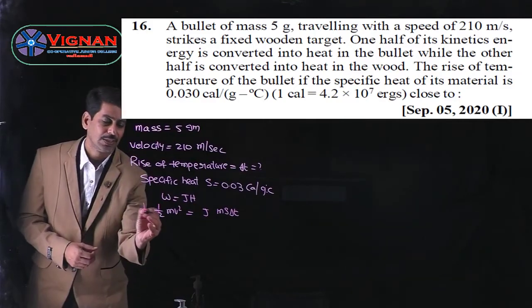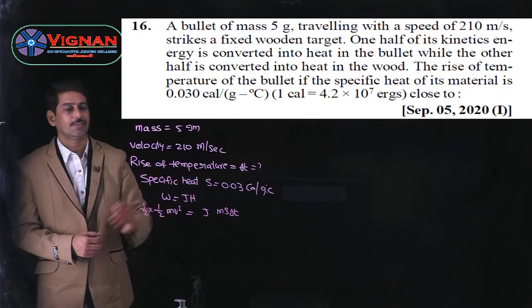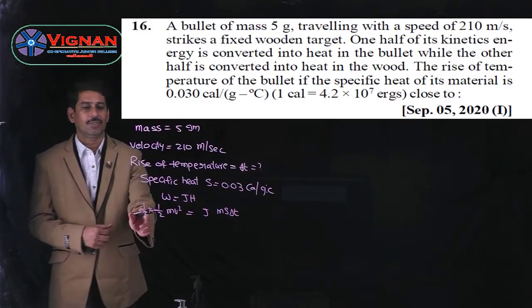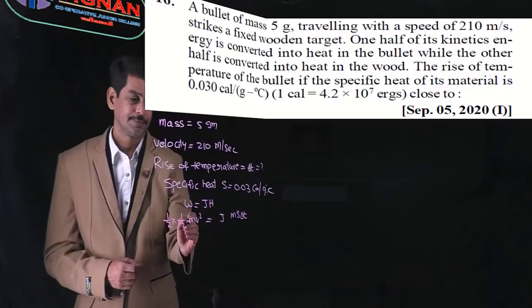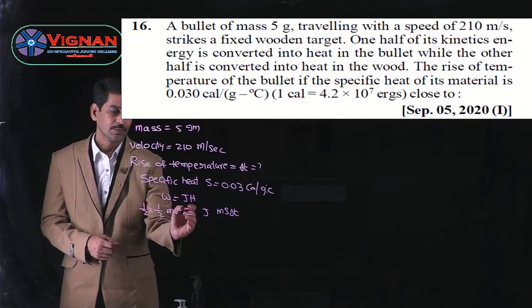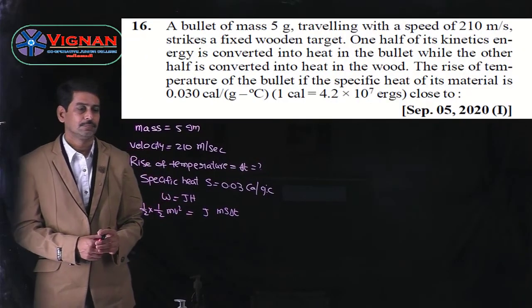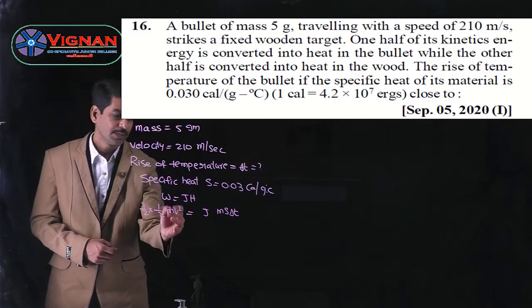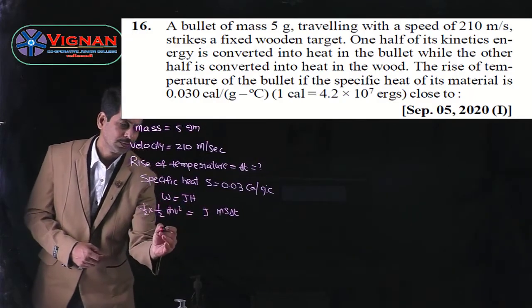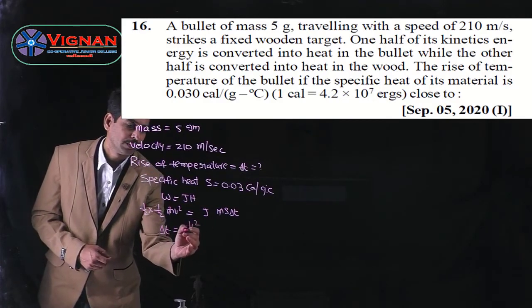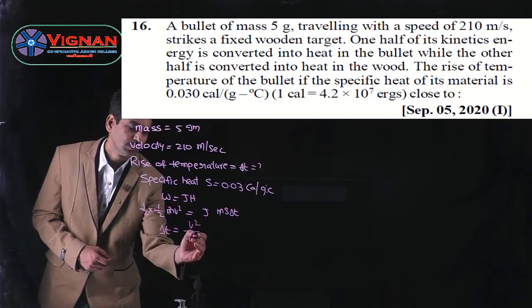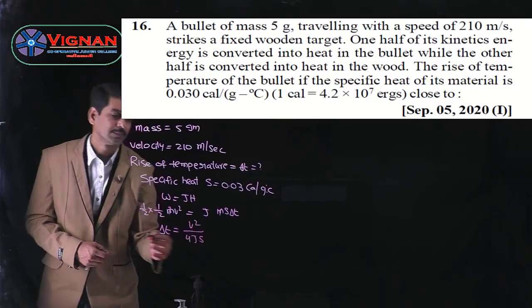So we get half into half mv squared is equal to J into ms delta T. The m's get cancelled. So delta T is equal to v squared by 4 into J s.